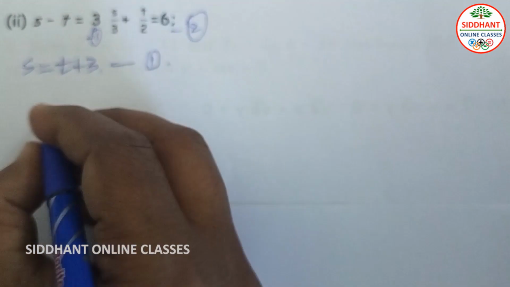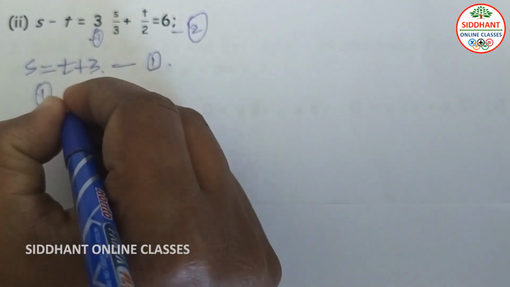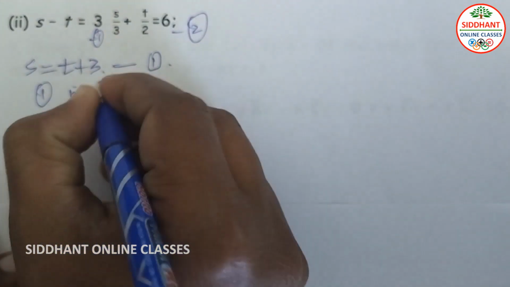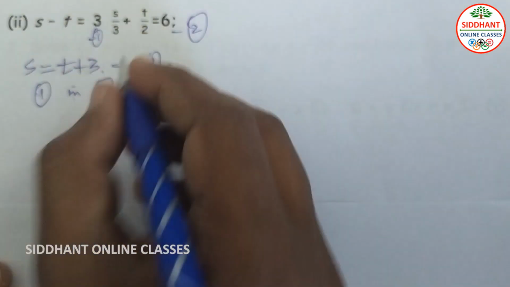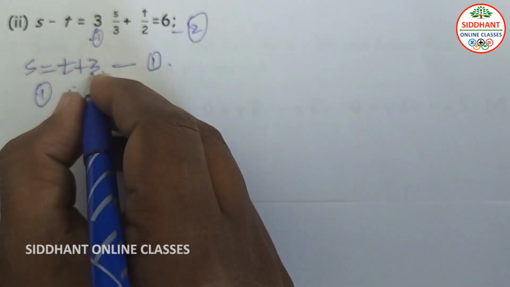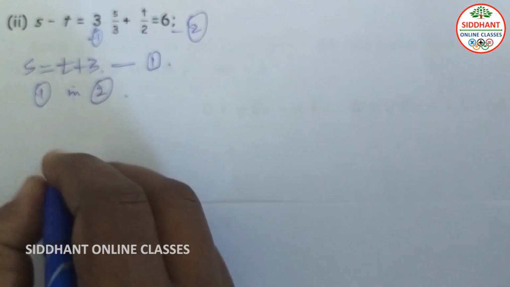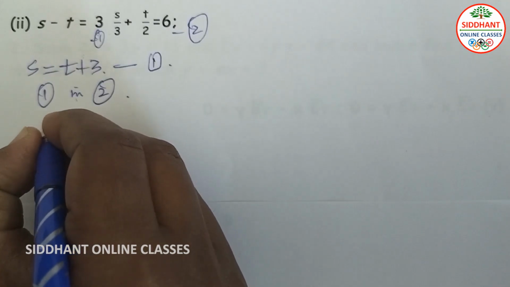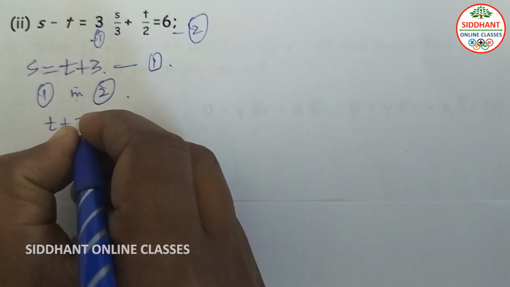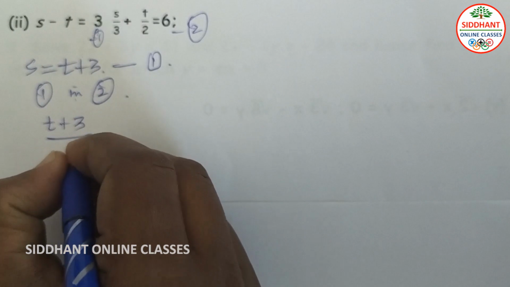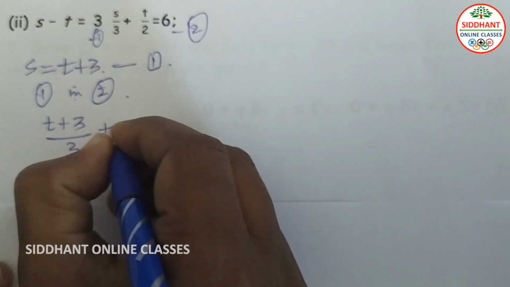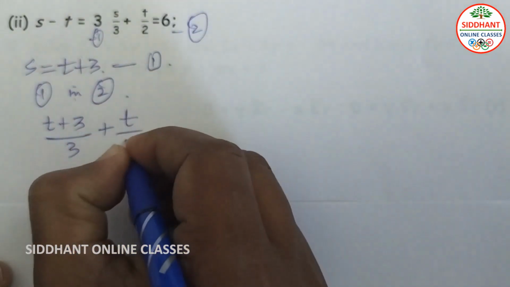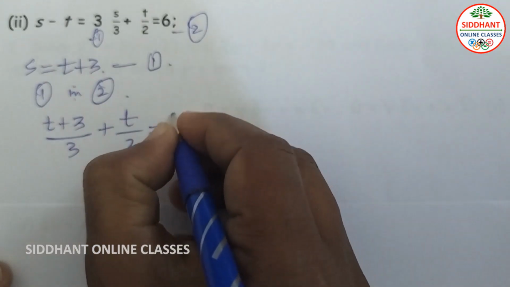So substituting equation 1 in 2, we get s is t plus 3, that means (t plus 3) by 3 plus t by 2 equal to 6.